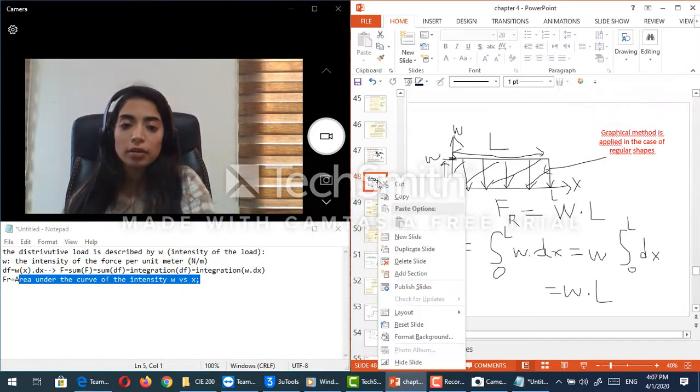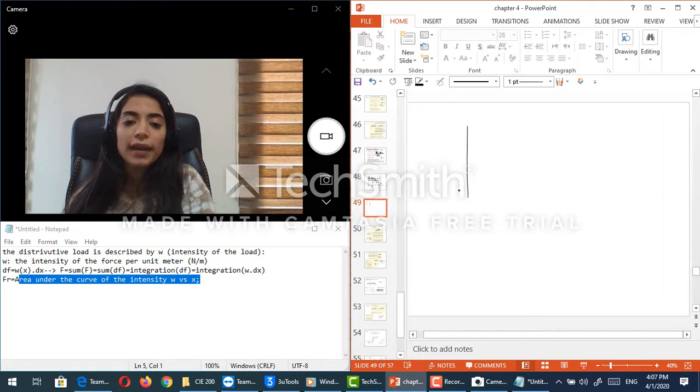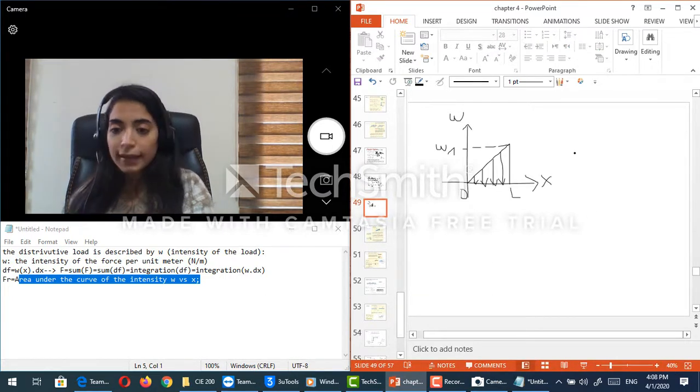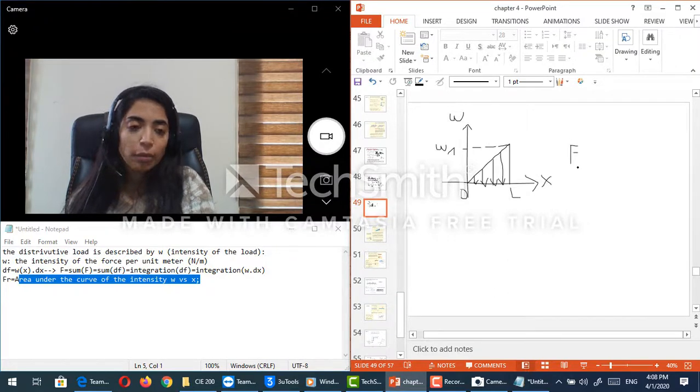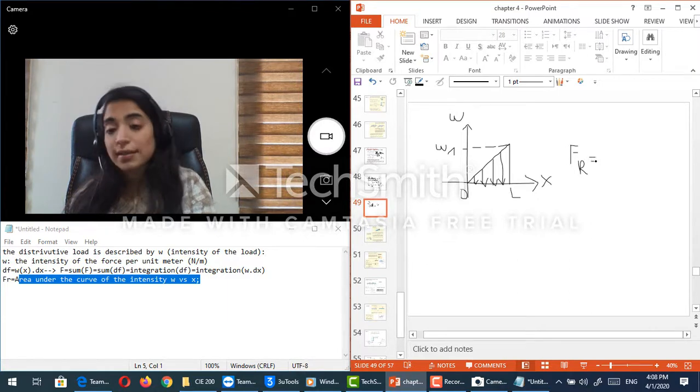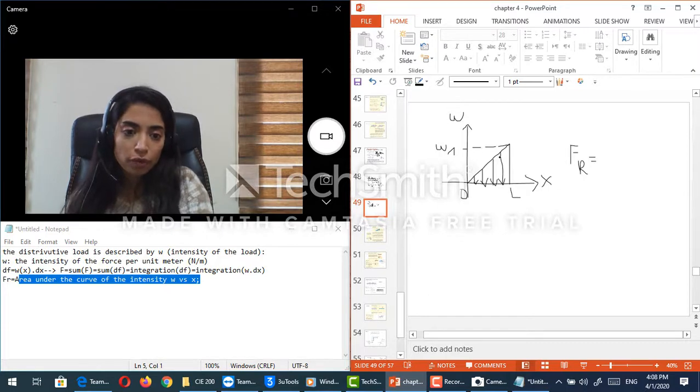Another example, guys. Example of a triangular shape. I can find F resultant directly by finding the area under this curve, because in fact this is a regular shape. So what is the area under this curve? Now this is my curve. What is the area under this curve?